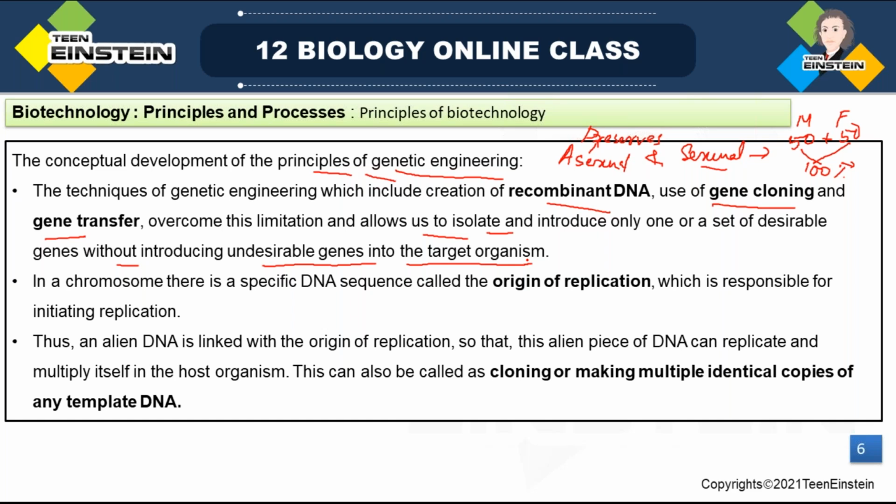All these technologies are there to help. So we can select the desired genes and transfer only those genes to the target organism. The target organism will have only that desired character, and we can avoid the undesirable genes completely.